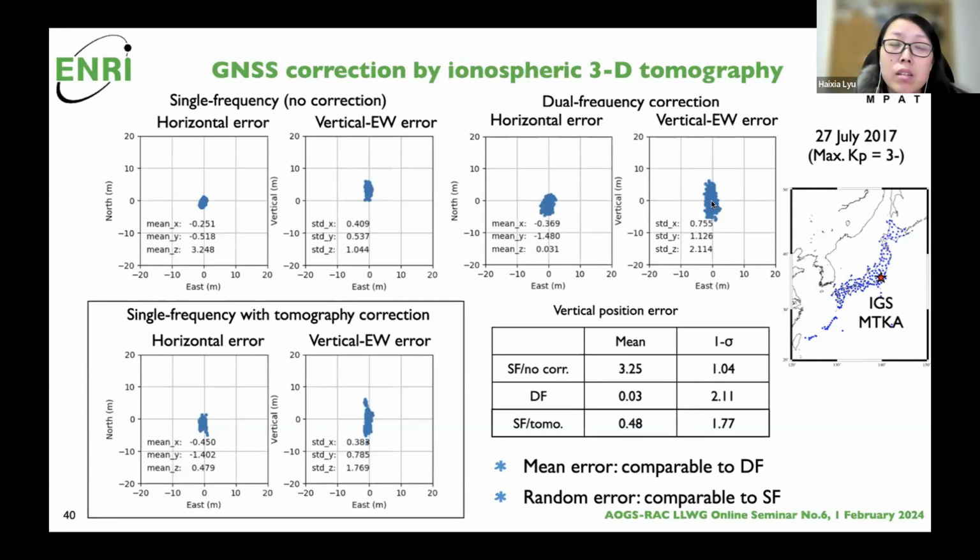So that means we add noise, and to eliminate the ionospheric delay, it introduces an amplification factor and finally we get 2.6. So that's the reason why the scattering is higher for the dual frequency correction. But using single frequency, we have smaller noise, and better ionospheric correction by tomography.